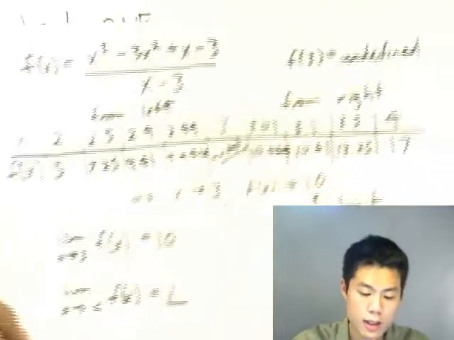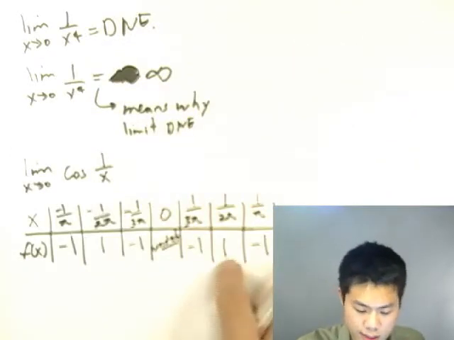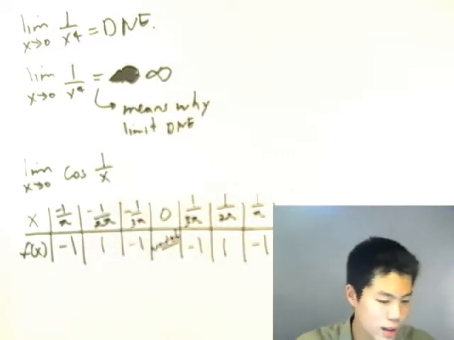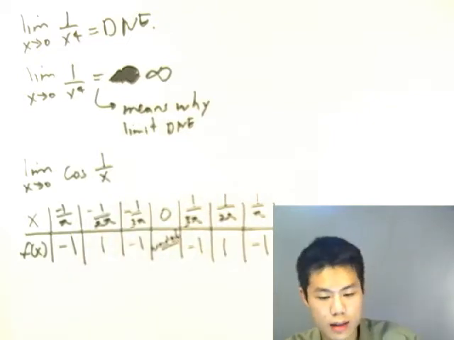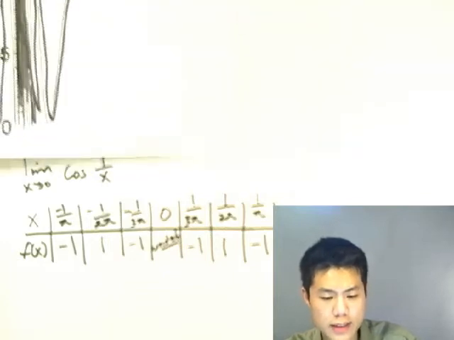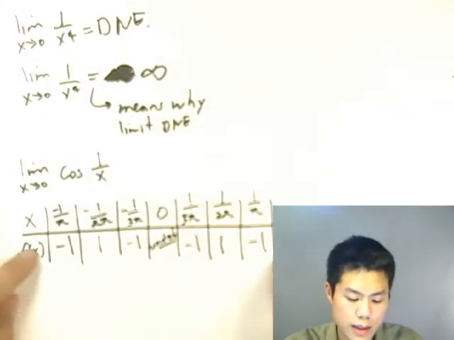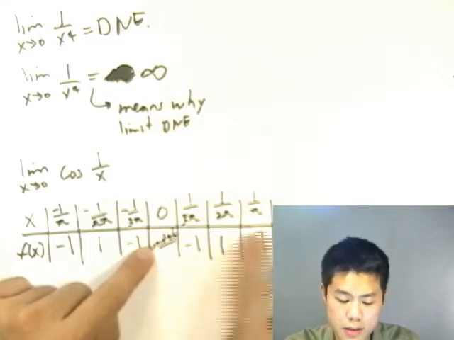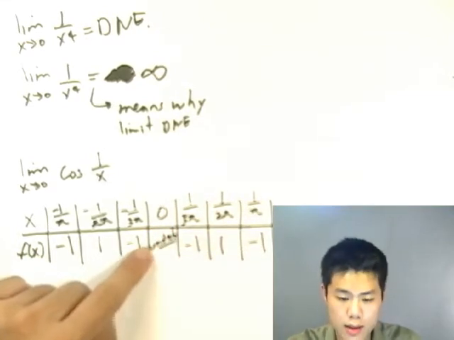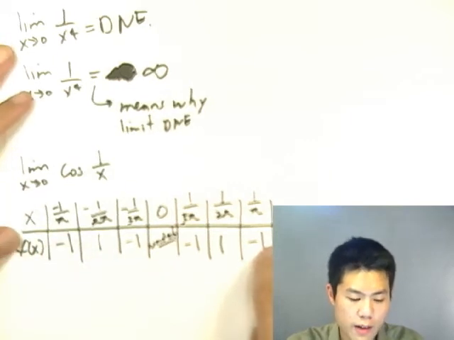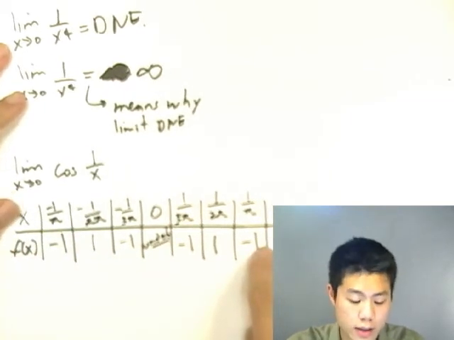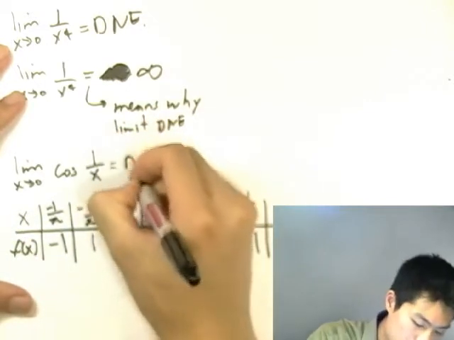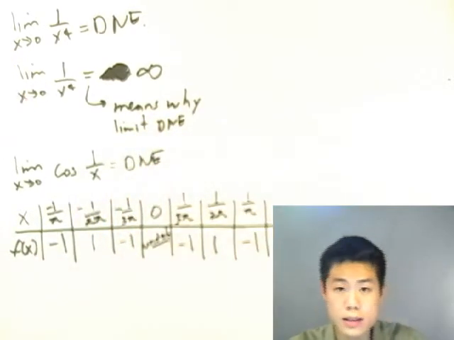Here, it's always decreasing. Here, it's increasing and then decreasing and then who knows what. It's oscillating. And for the limit to exist, these numbers must be approaching the same number as x gets closer to 0, and they're not, right? F of x must settle down as x gets closer to 0, and in this case, they're not. Therefore, this does not exist.